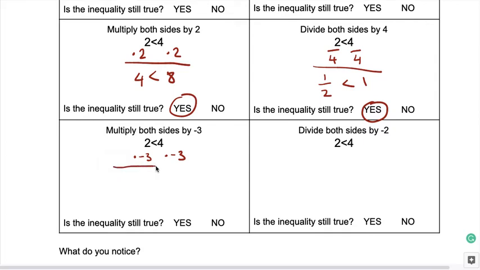Well, 2 multiplied by negative 3 is negative 6. And 4 multiplied by negative 3 is negative 12. Which one is smaller? The negative 12 is smaller than negative 6. Look what just happened to the sign.